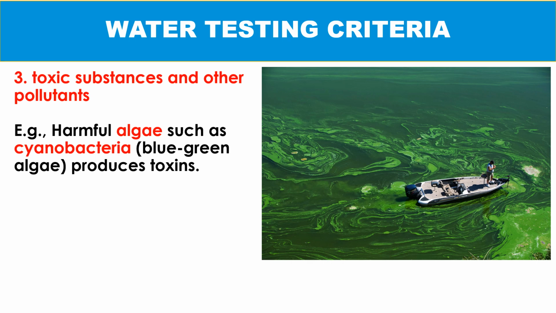The third criterion, ladies and gentlemen, is everything about toxic substances. So how toxic things are. One good example to talk about this toxicity is the green film that you see, which we call the phenomenon algal bloom.